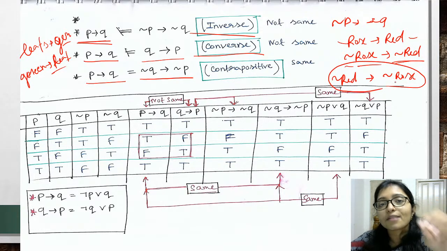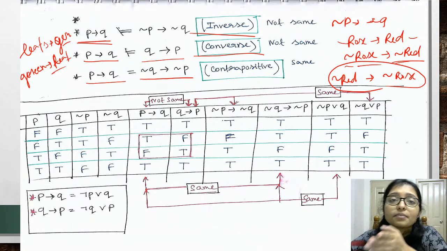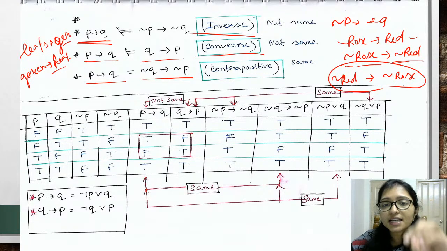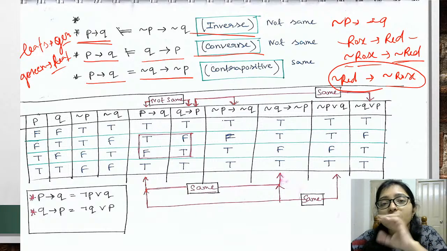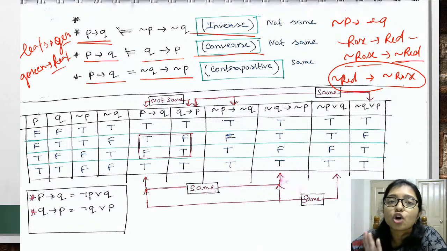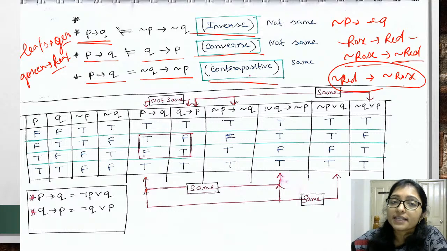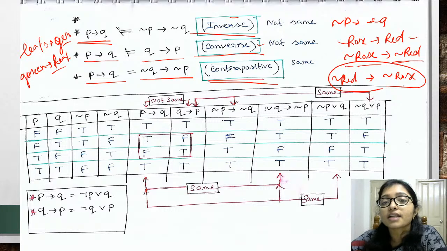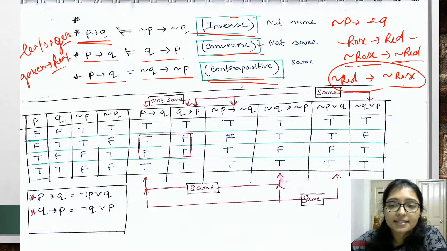From the given statement, a rose could be orange or pink, but if all roses are red, then if something is not red, it is not a rose. So this is the contrapositive. Please remember that the inverse is not the same, the converse is not the same, but the contrapositive is the same. This type of question comes in the exam.